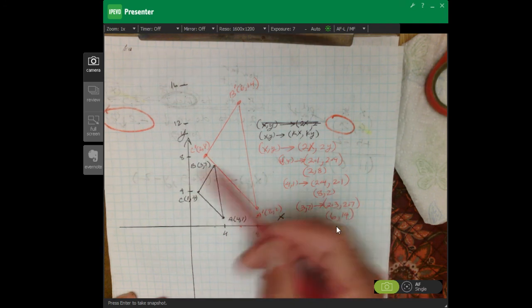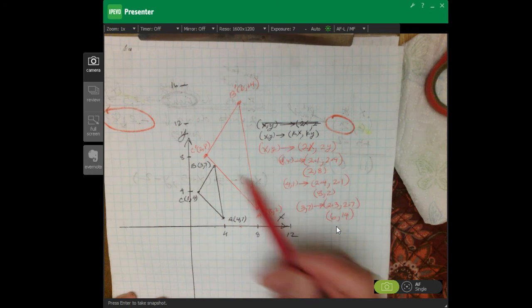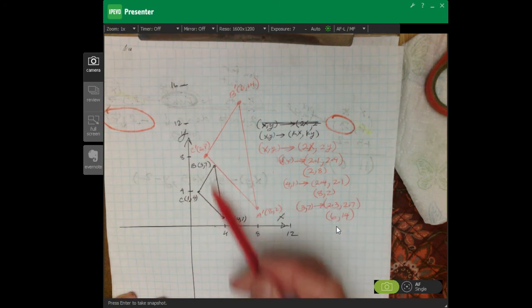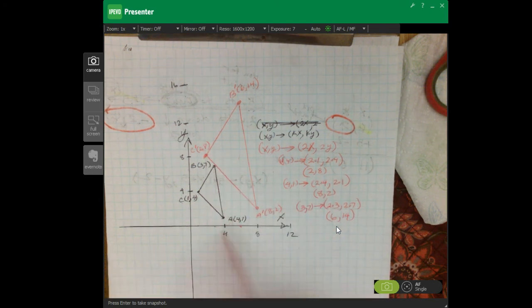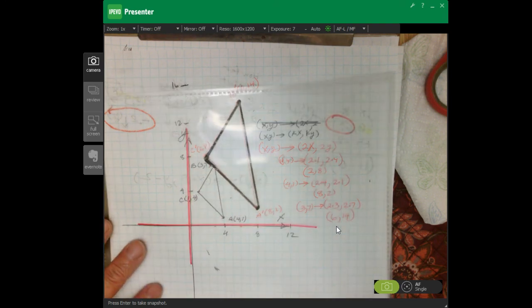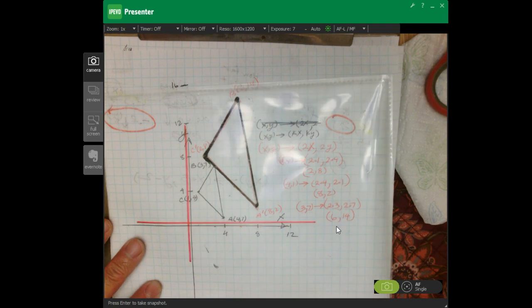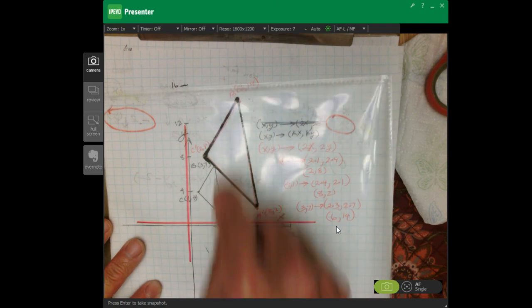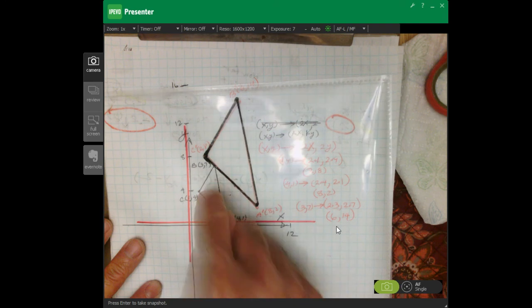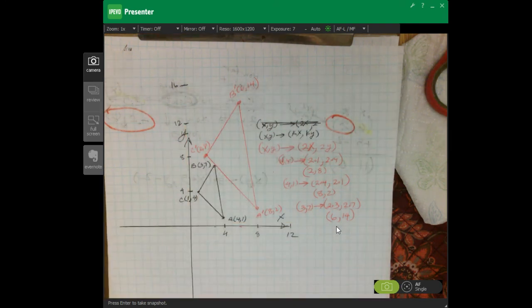This has the same slope as this. And this is going the same direction as that one. See, there it is. Okay, so this is twice as big as that. That's how you do a dilation.